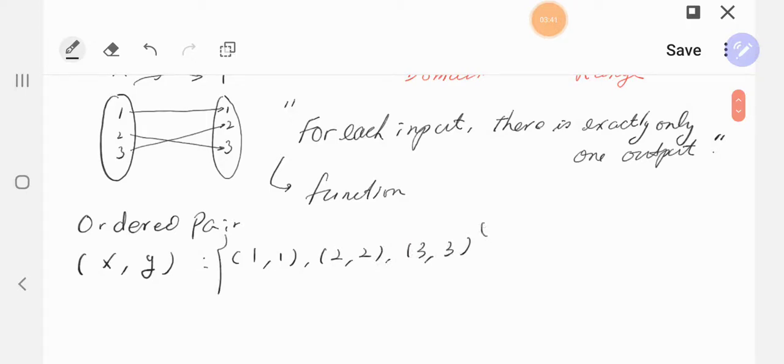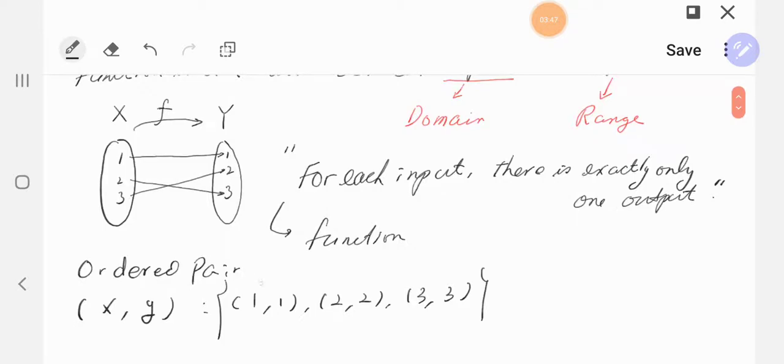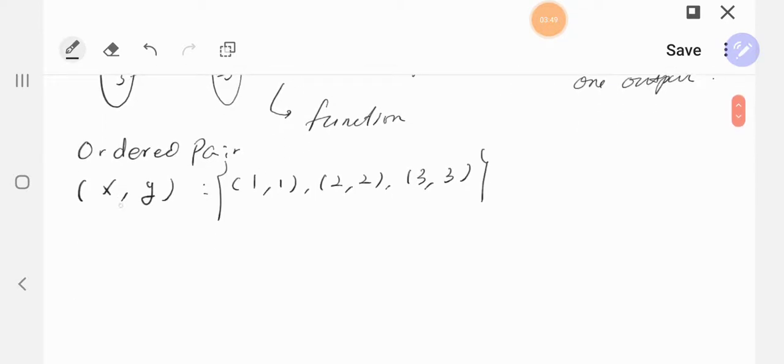Is this a function? X is the input. Always the first coordinate is the input, and the Y coordinate is the output that corresponds to the input value.